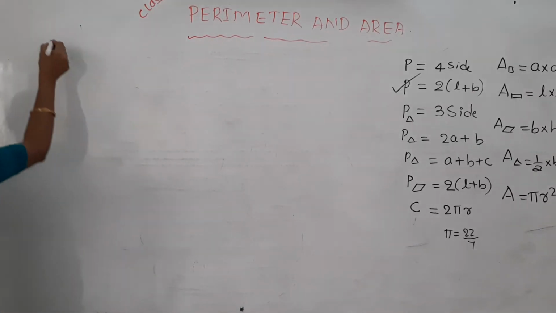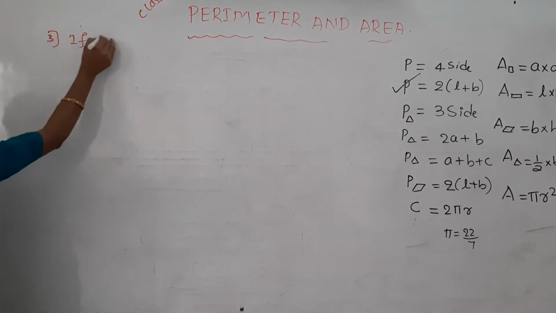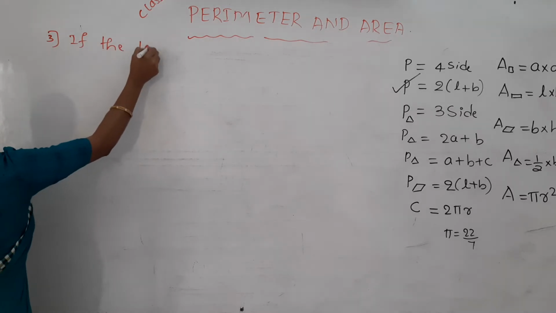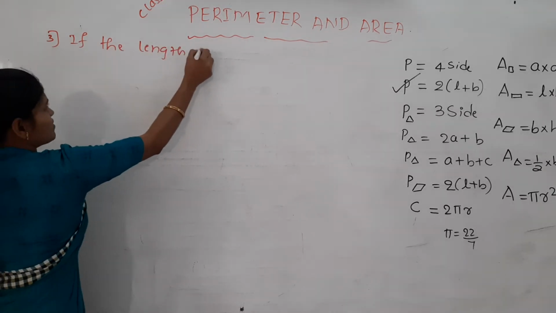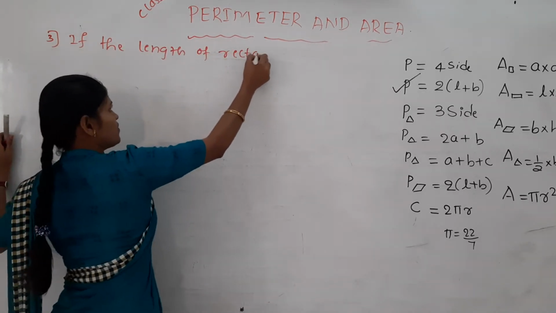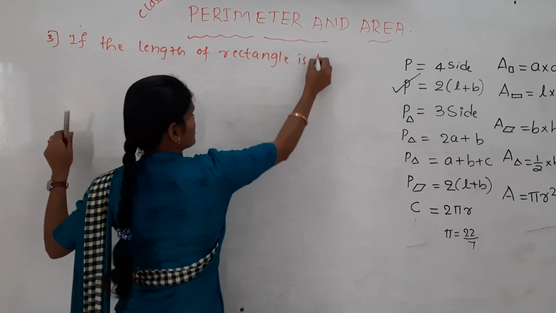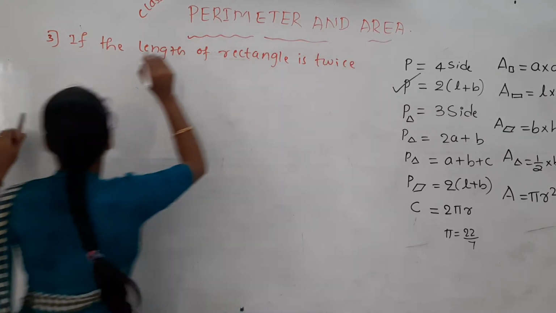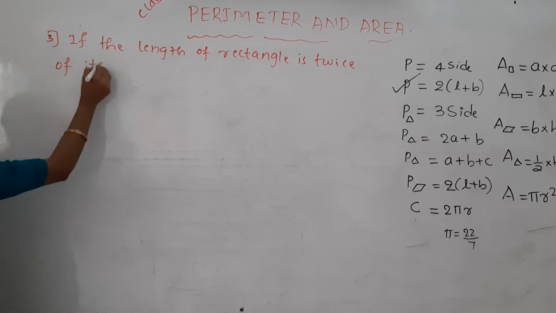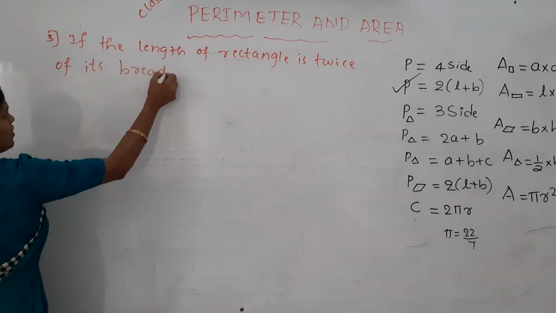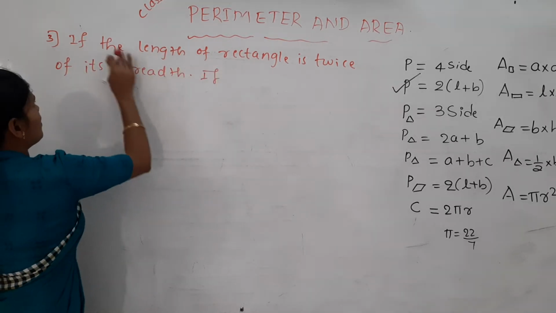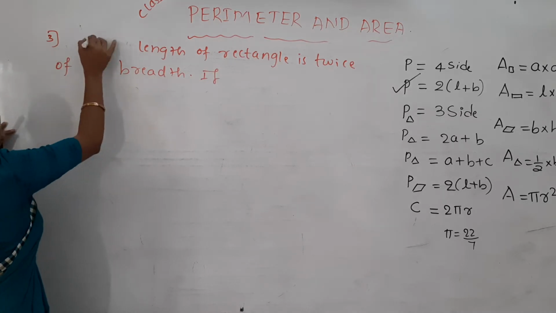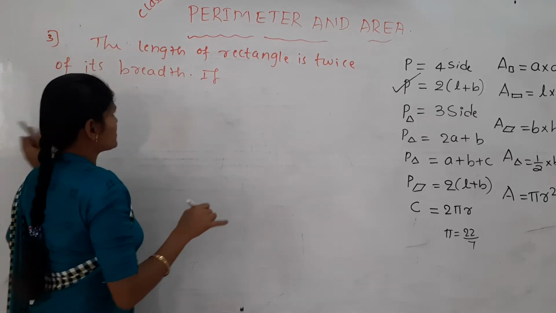How? Take here. The length of the rectangle is twice of its breadth.